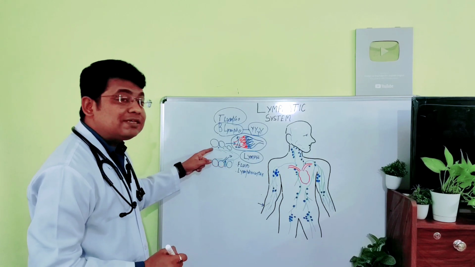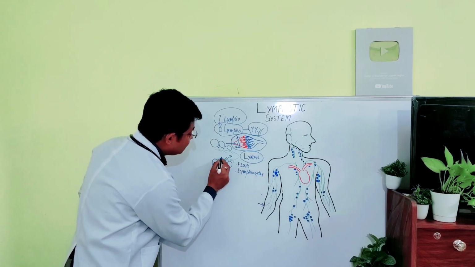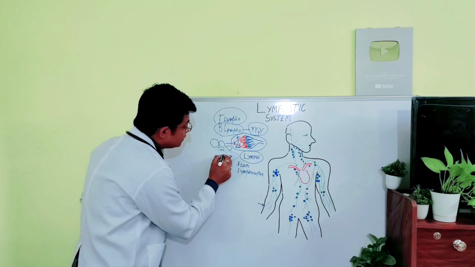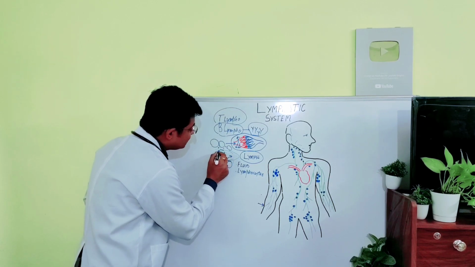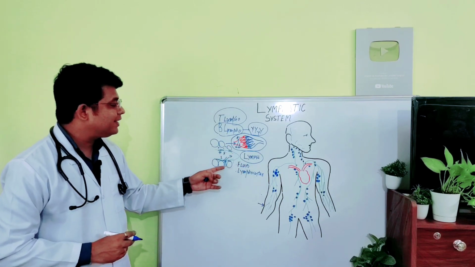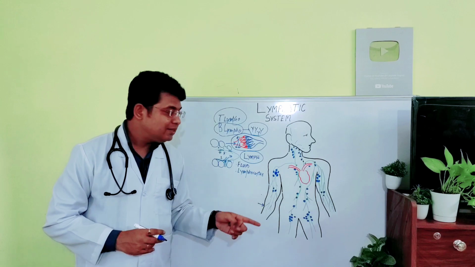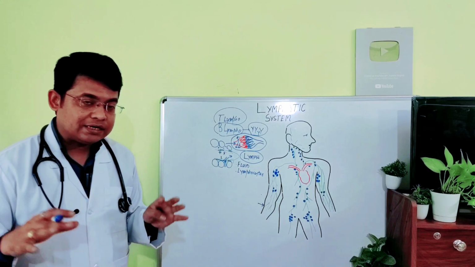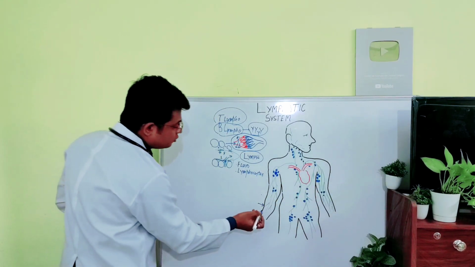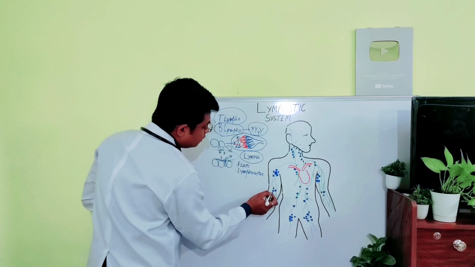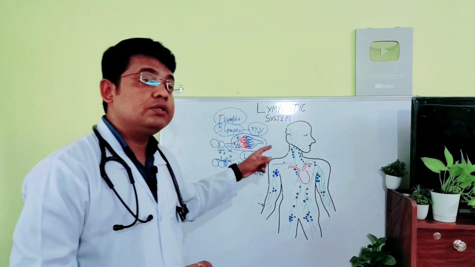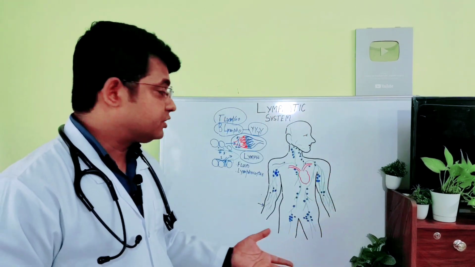But when the pressure within the vessel increases, it pushes these endothelial cells and gradually blocks this opening. So the fluid can easily enter the lymphatic system, but it is not easy for it to get out, and after entering the lymphatic system it gradually travels towards the heart, where it will be drained within the venous system.